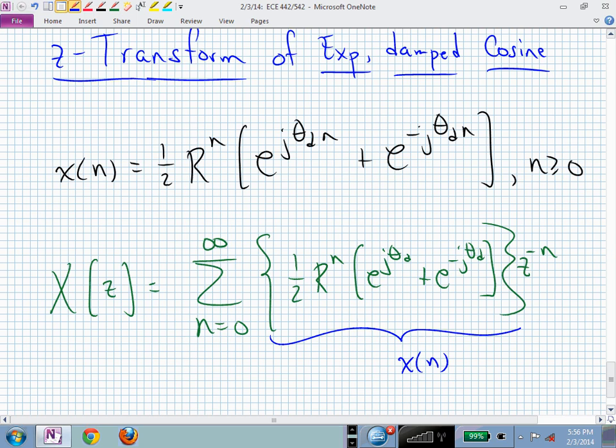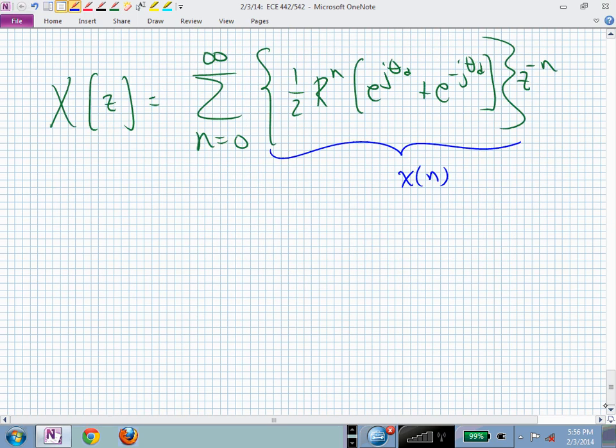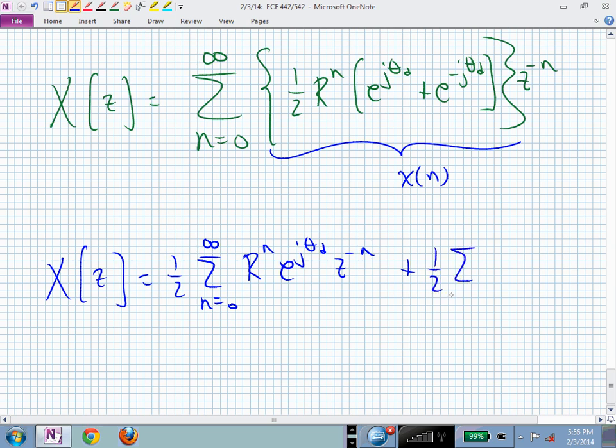Well, we can actually separate that out into two pieces. This sum is a linear operation, so that now we can write that as 1/2 sum plus another sum.